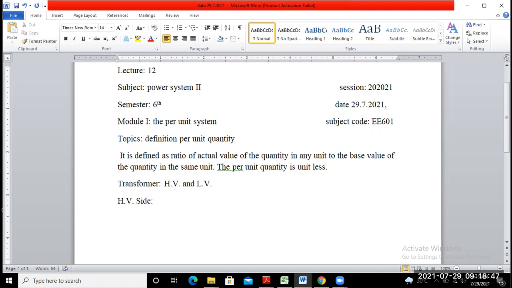On the high voltage side, we choose the base value of MVA and the base value of voltage.